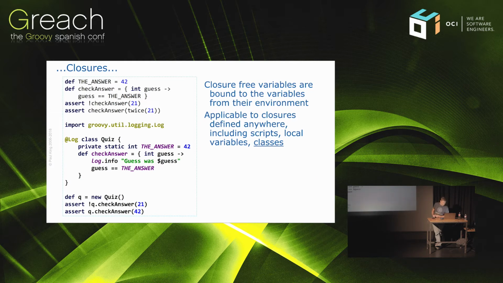Both the log instance, log.info that I'm calling, as well as the answer constant variable, are outside the scope of the closure. So they're free variables that get filled in. So we'll come back to that. Is that an evil thing to do, going and using a log function, going and using a constant or whatever it might be? That's one of the topics we'll come back to.